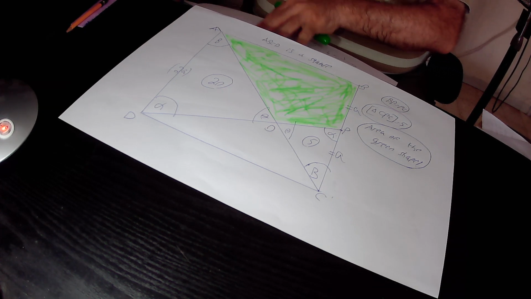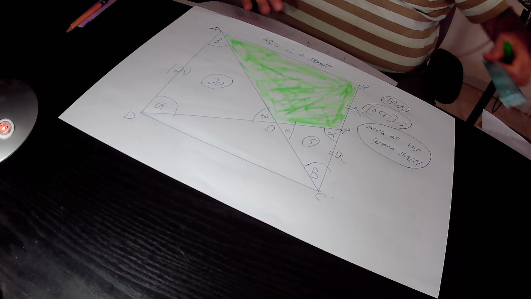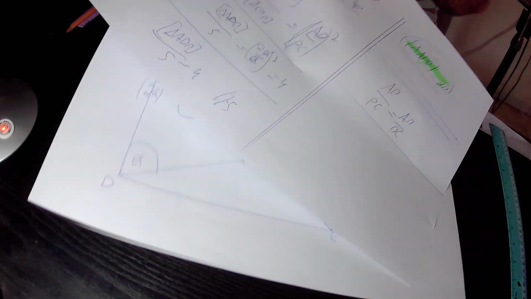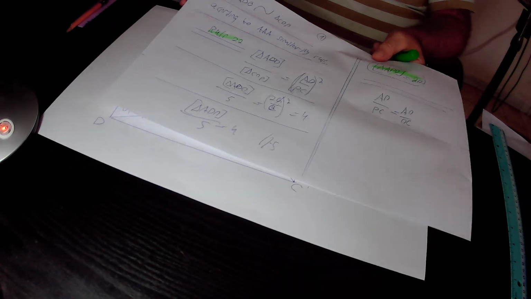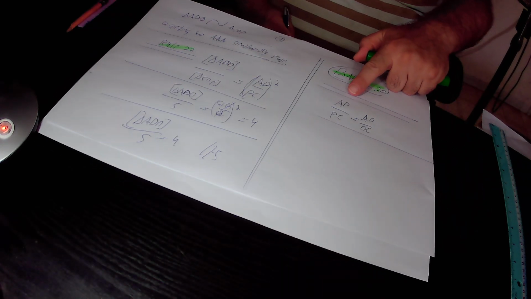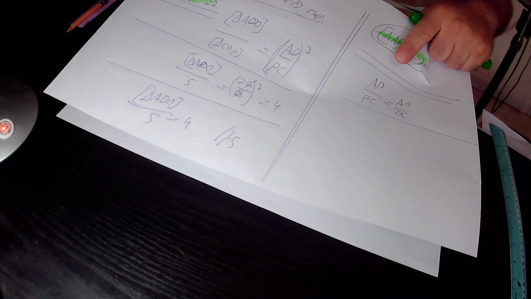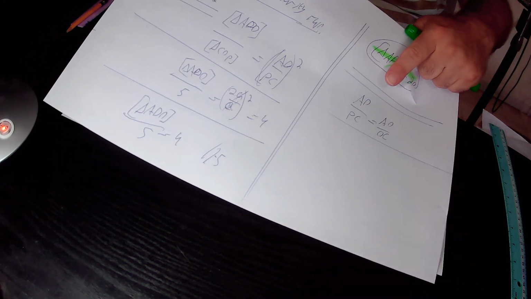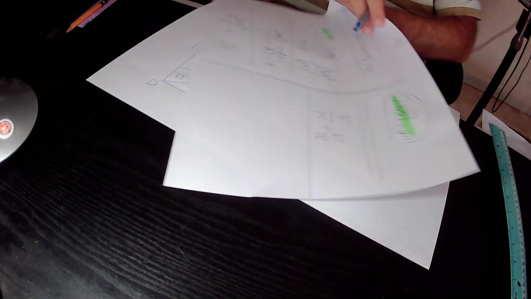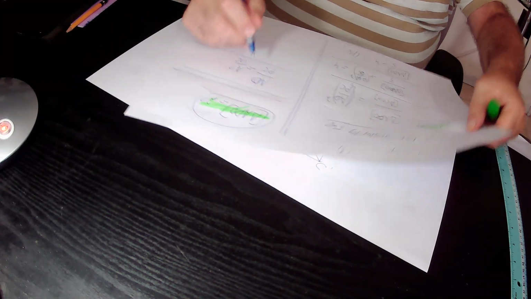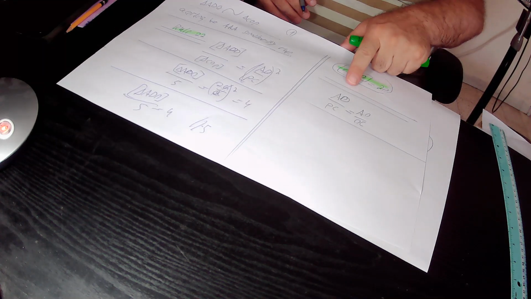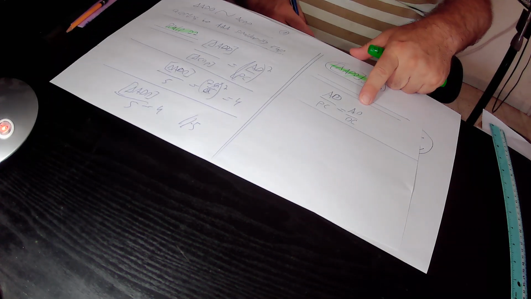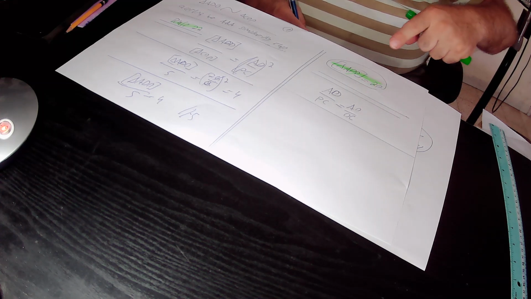Again, from the fact that those two triangles are similar to each other, we derive that side AD of triangle ADO over side PC of triangle POC is equal to side AO of triangle ADO over side OC of triangle POC.